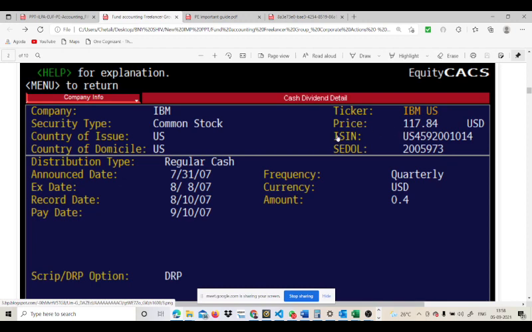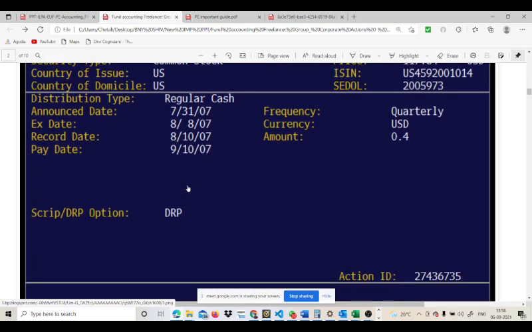The ISIN is important, CUSIP is important, the way I have told you. The corporate action type is cash dividend; details, announcement date, ex-date are important, and you can match all this information with your system as well. That is how the recon is performed, or how we try to match the instructions.